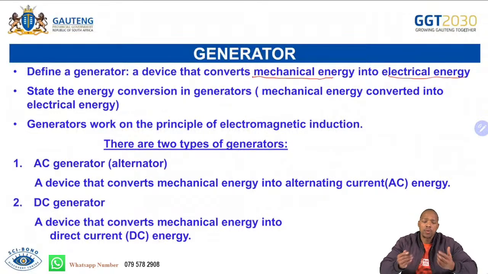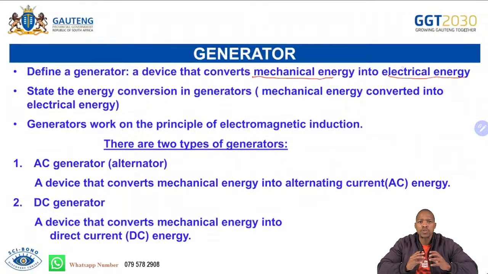Right. Now, this sometimes causes problems when learners mix it up. They start with electrical and end with mechanical, which will be wrong for a generator. So how I help learners to remember this, I always tell them: almost all of us know a generator and what a generator does. Our normal day generator gives us electricity.